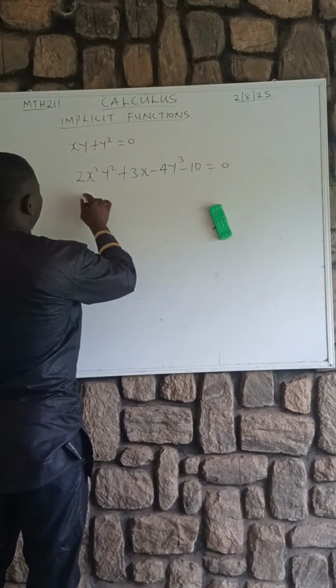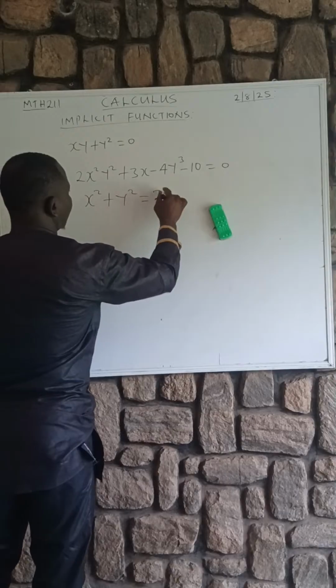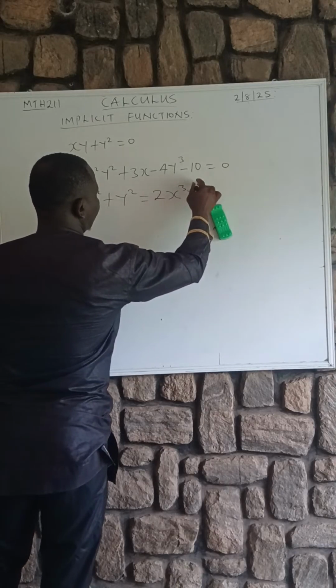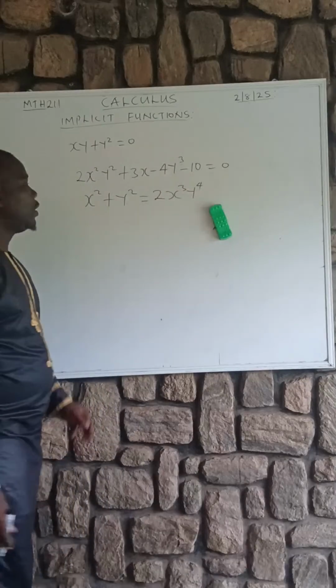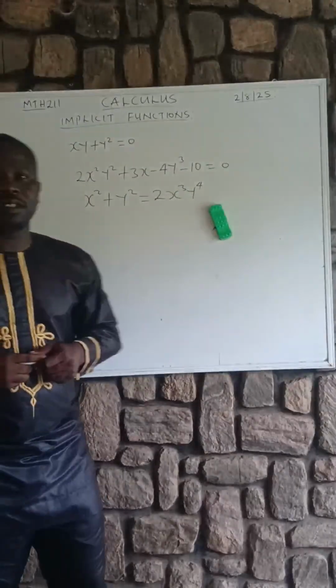Sometimes you may see x squared plus y squared equals 2x cubed y raised to the power 4. All these are implicit functions.